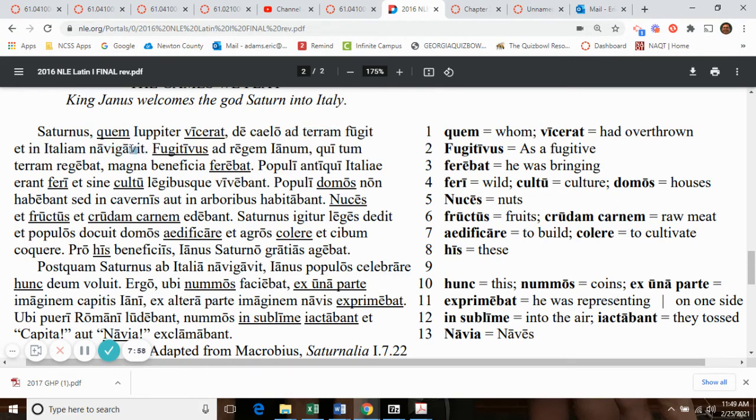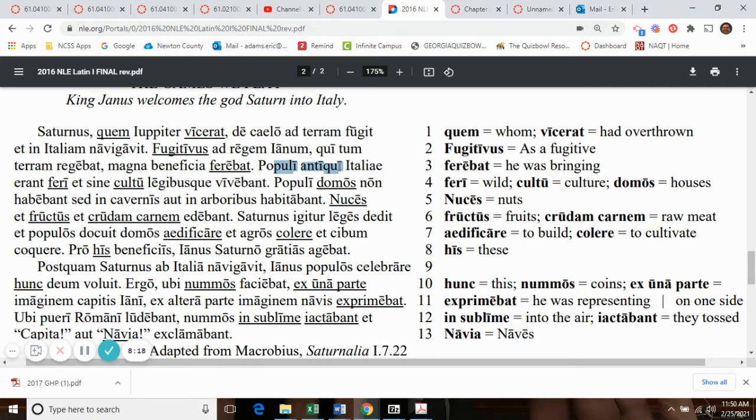Now we got wit. Look at the V that you see there. Perfect tense. Did sail. Has sailed. Navigated into Italy. As a fugitive, he was bringing to the king Janus magna beneficia, big benefits. Janus, who then was ruling the land.